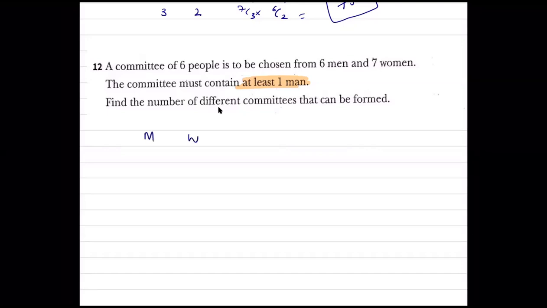So men, women, we need to select 6 people, and at least one man should be there. Okay. So one man, 5 women. ऐसा भी हो सकता है ना? 2 men, 4 women. 3 men, 3 women. 4 men, 2 women. 5 men, 1 woman. 6 men, 0 women.